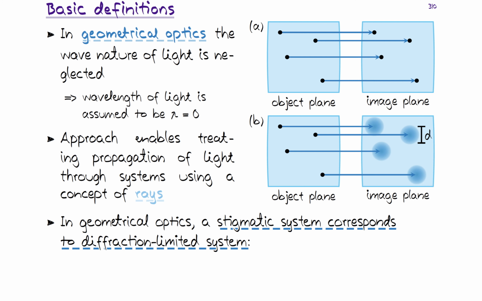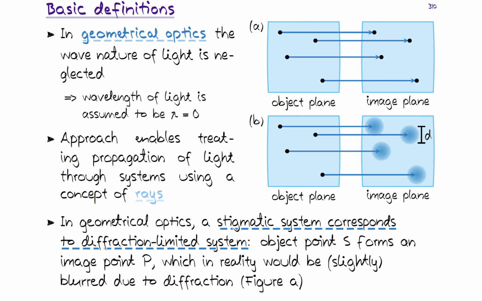So this is the best we can achieve from the physical point of view. And if somebody says in geometrical optics that we have a stigmatic system, or there is, for example, a homework problem that considers a stigmatic system, then you would know that, okay, this is the best case scenario, and we are only limited by diffraction.